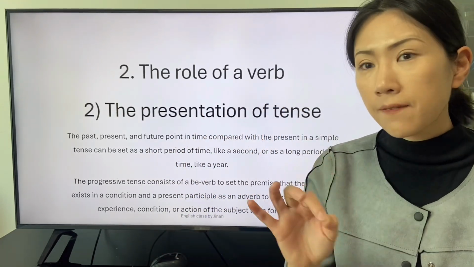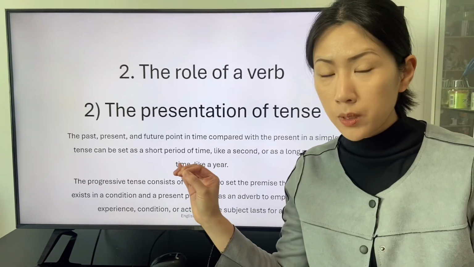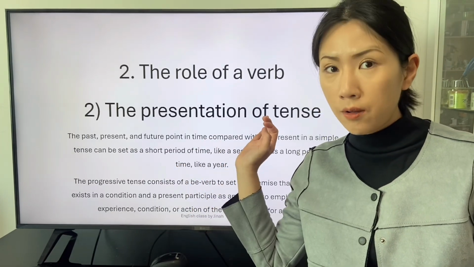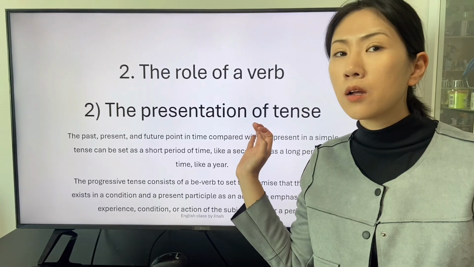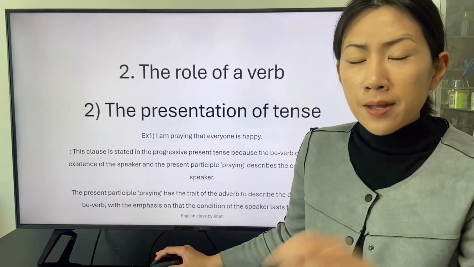The existence of the subject is described by the be verb to consist a phrase of the verb applied in the progressive tense. There is an exemplary clause.